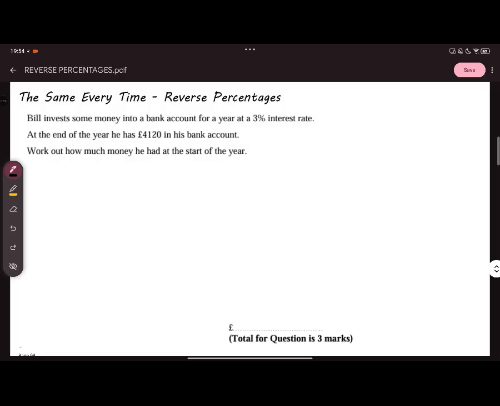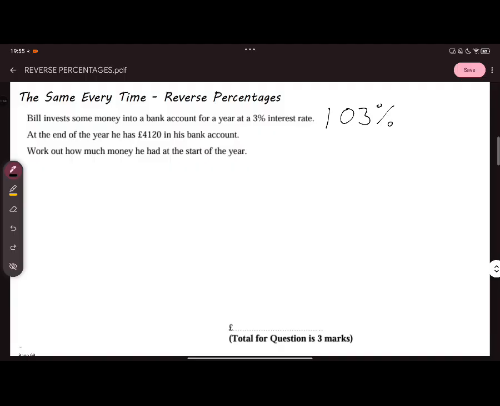So over the year, we've added 3% to the amount that we started with. Well, if we're adding 3%, what percent do we have now? It's going to be 103%. So I start off with the whole thing, the whole amount, which we call 100%, add 3%, 103%. At the end of the year, he has 4,120 in his bank account. Work out how much money he had at the start of the year.